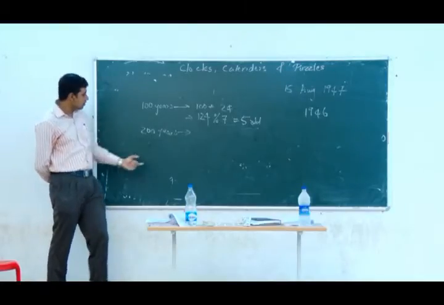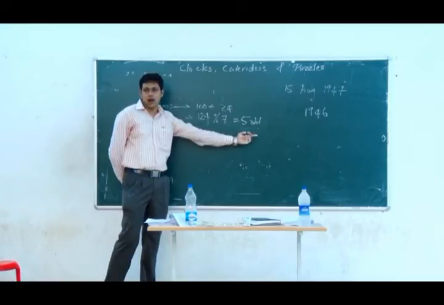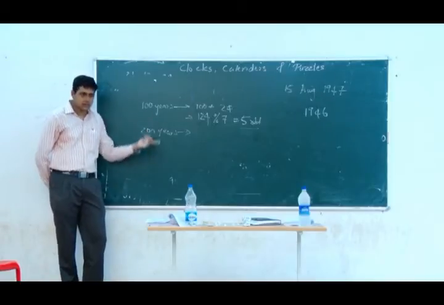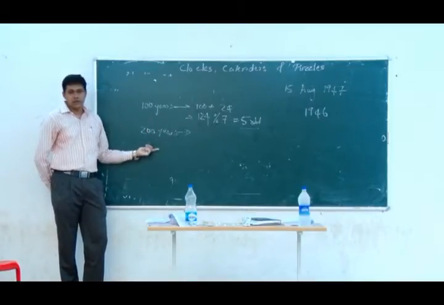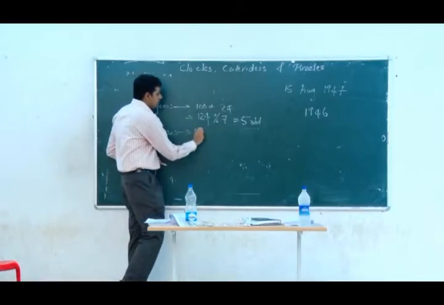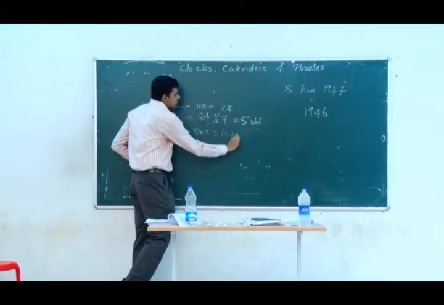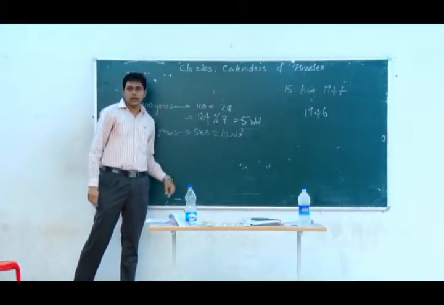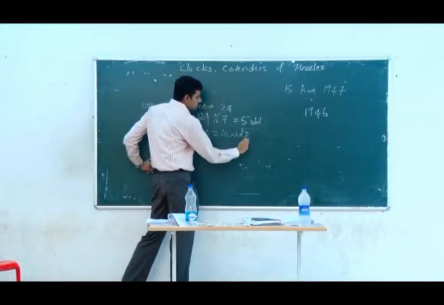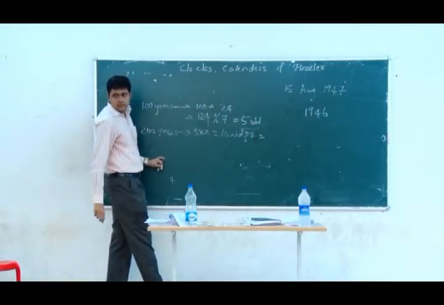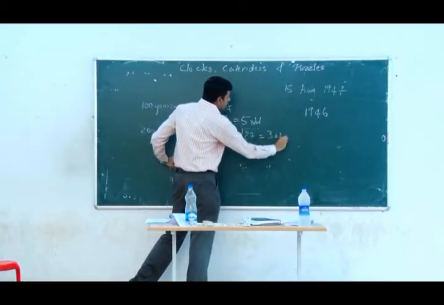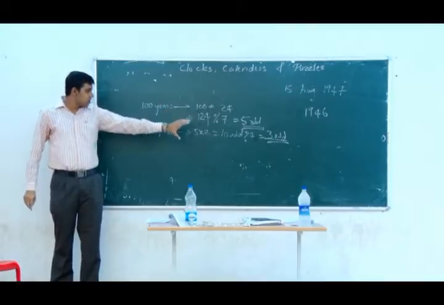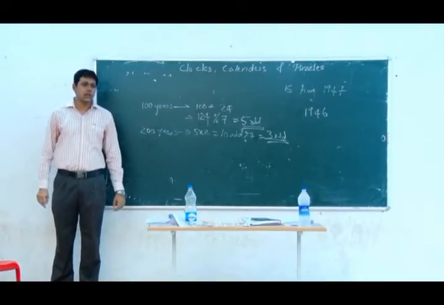Or we already found there are 5 odd days in 100 years, and the next 100 years is the same. So 5 into 2 is 10 odd days. 10 divided by 7, remainder 3. So for the first 100 years we have 5 odd days, and for the first 200 years we have 3 odd days.